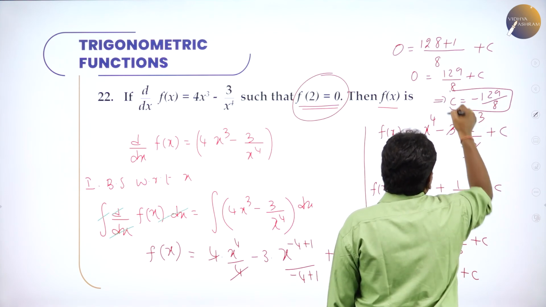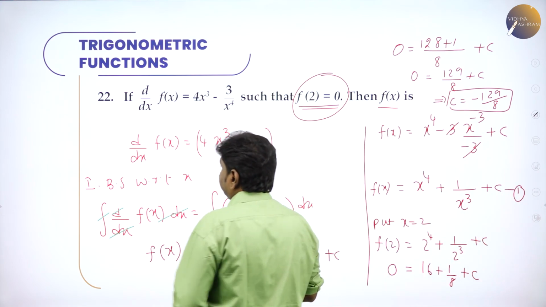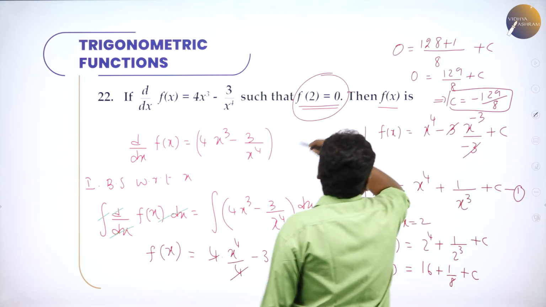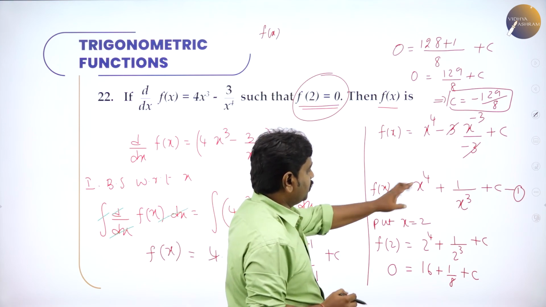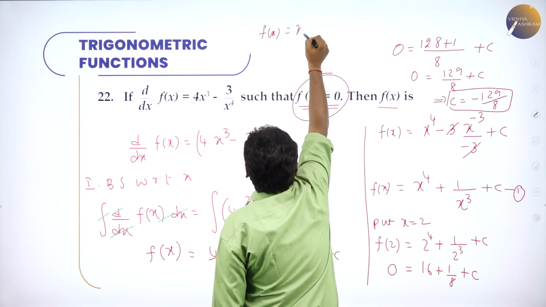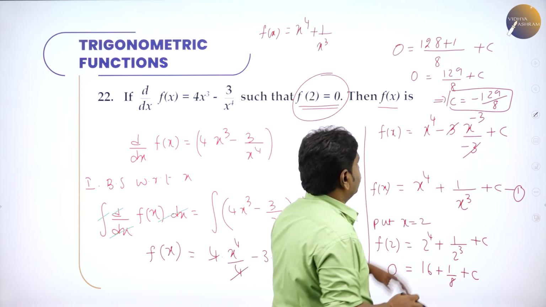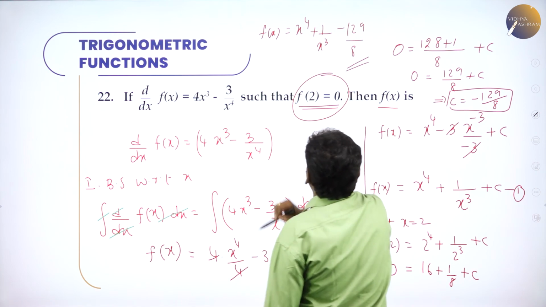So get c, put it in f of x. So now put c in f of x. What is f of x you got here? x power 4 plus 1 by x cube plus c. What is c? Minus 129 by 8. Tick this option.